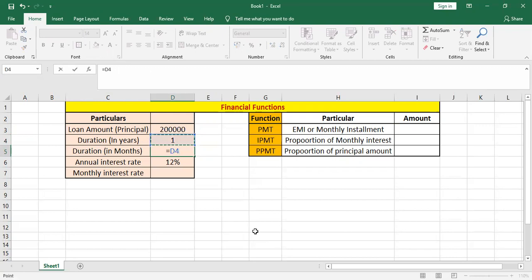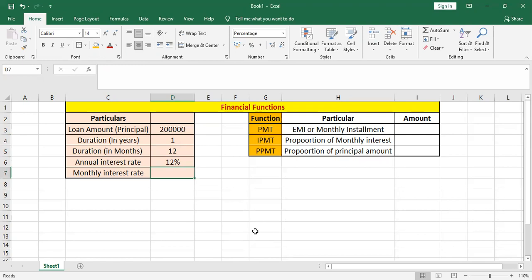Then I'm going to click on this cell, that is D4, and multiply by 12, because 1 year has 12 months. So you can change the year, and the amount below it will change accordingly. Okay, then you can see the annual interest rate is 12% for this particular loan. That is the annual rate.